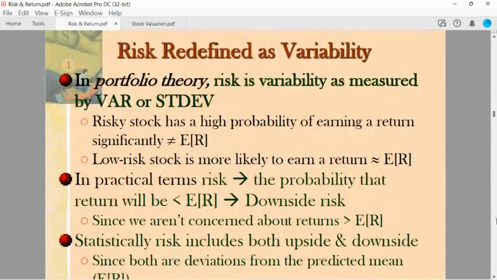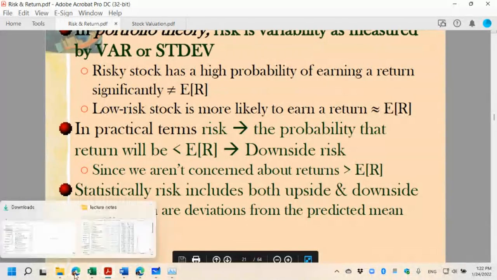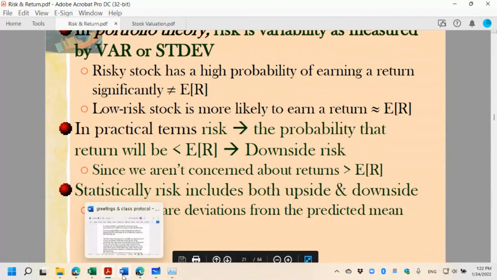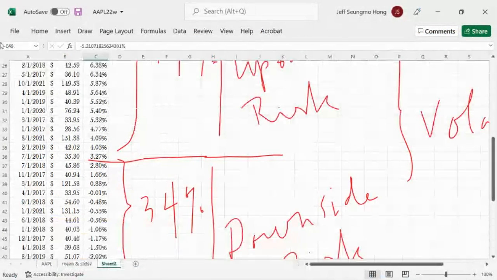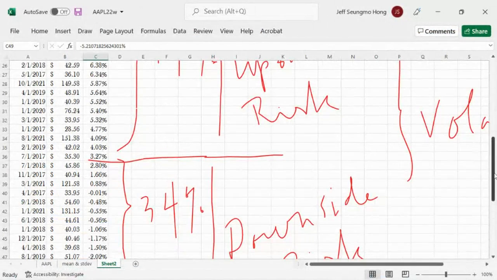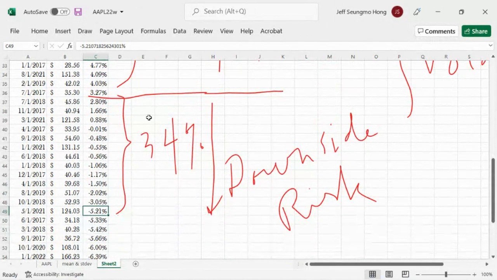So what is the risk? Risk is actually the volatility. I talked about this last time. Risk is actually the volatility of not only downside. I told you, if you get anything below the mean, that's the downside risk, right?